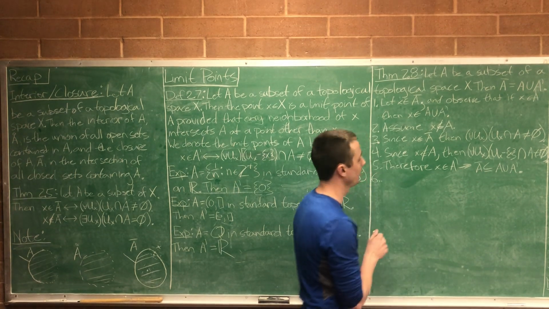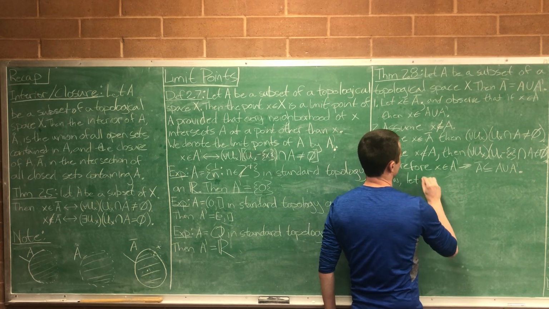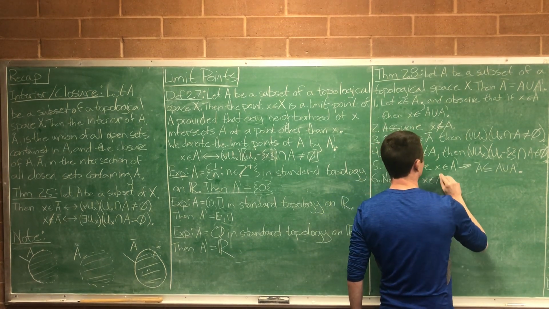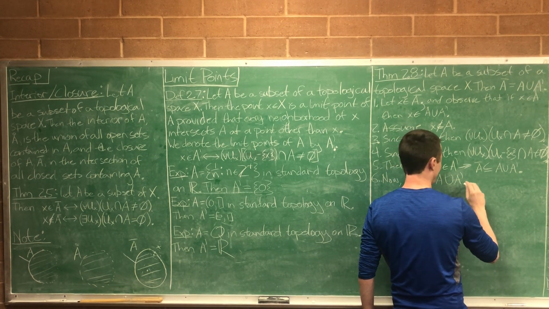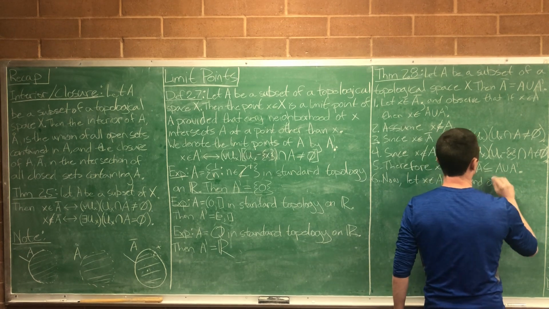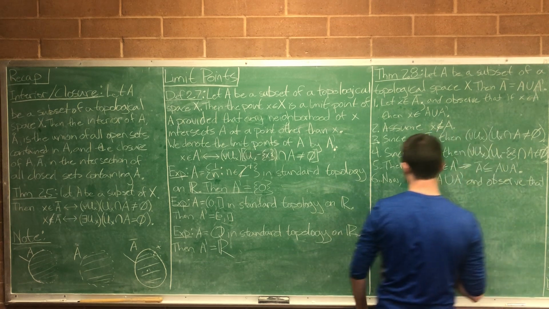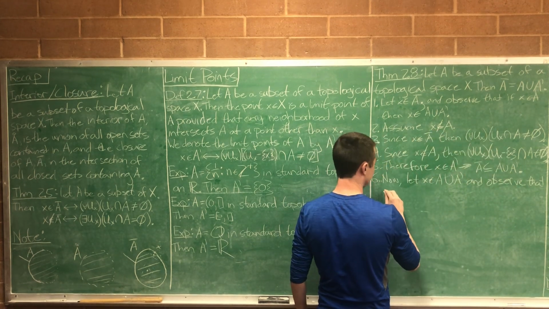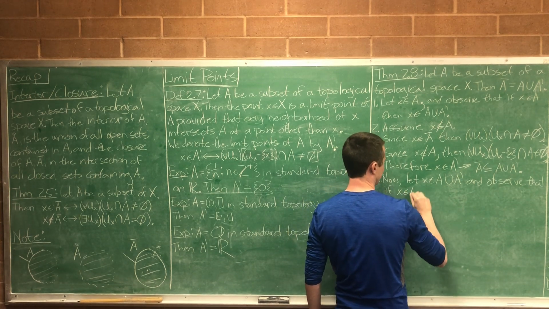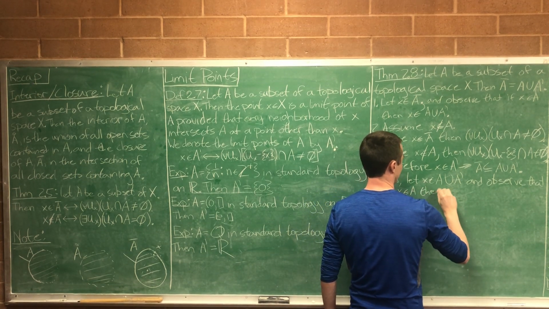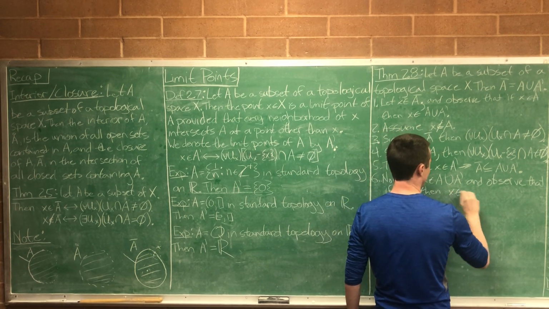So now let's do it the other way. Now, let x be in A union A prime, and observe that if x is in A, then we're done, and x is in the closure.